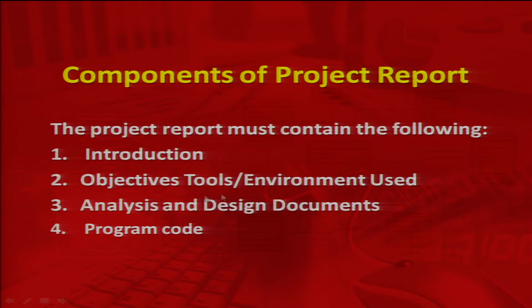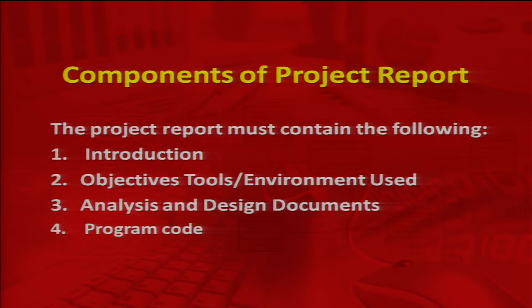The components of the project report are already mentioned in your project guideline, but I am reiterating them here. You have to give the introduction of your problem, then objectives, and the tools and environment you are going to use for development of your project.